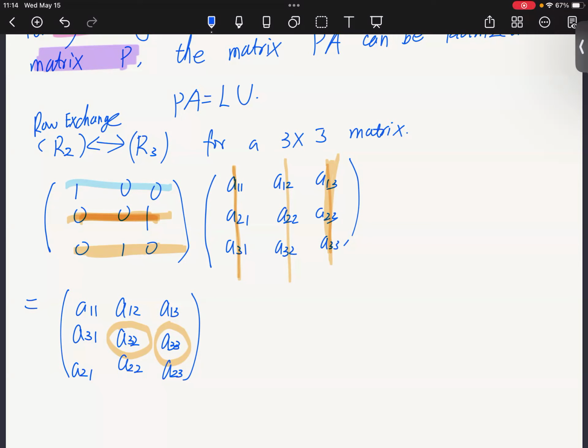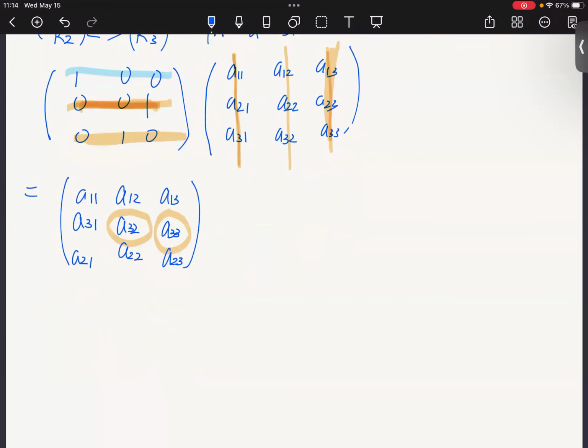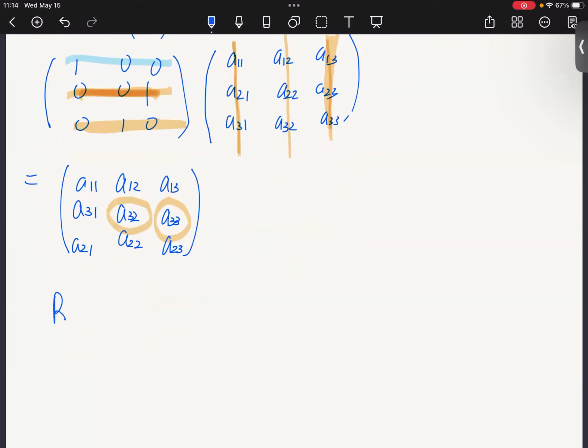And what is the P? Maybe you are expecting, for example, to do the row exchange, row 1 to row 2, and then at the second round iteration, you are going to change row 2 to row 3.